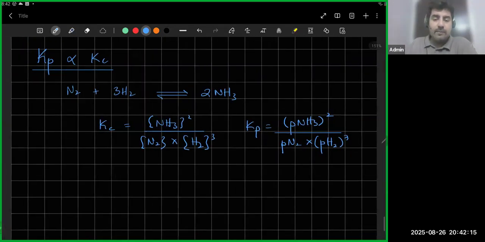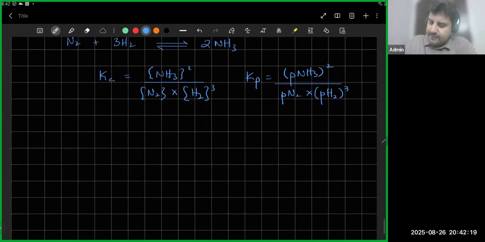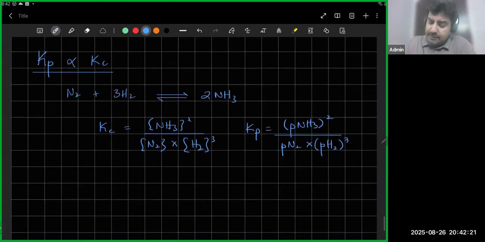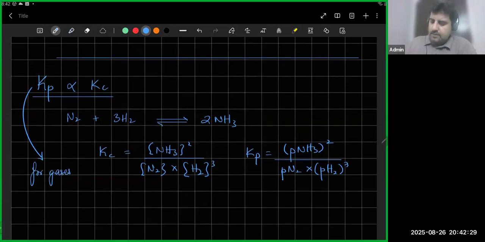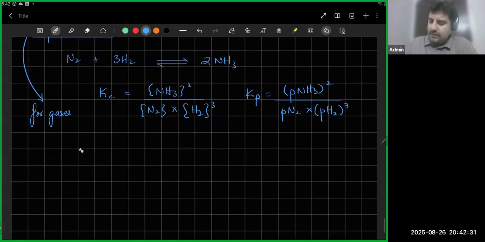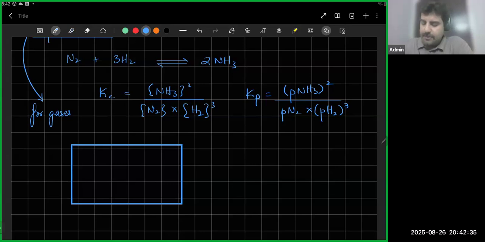That was what Kp was. Kp was specifically for gases, because for gases normally you don't use the term concentration, you use the term pressure.